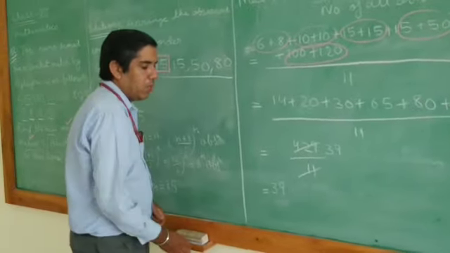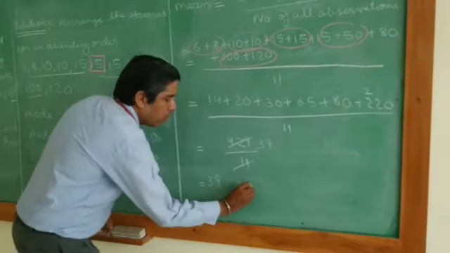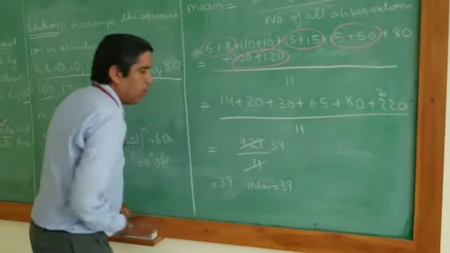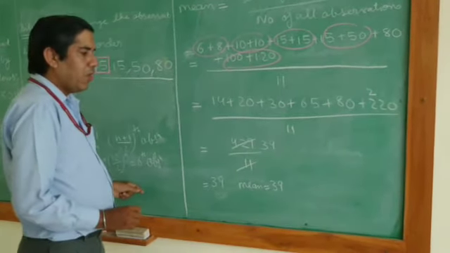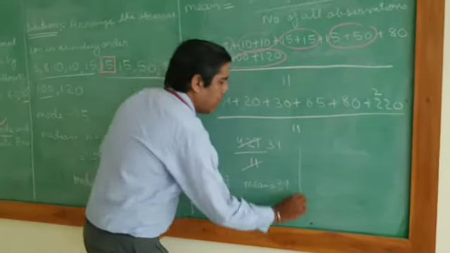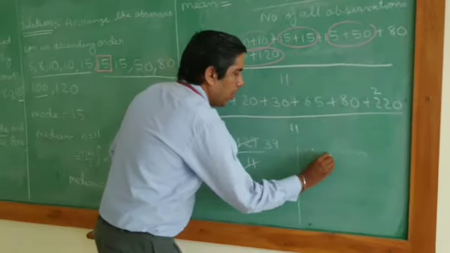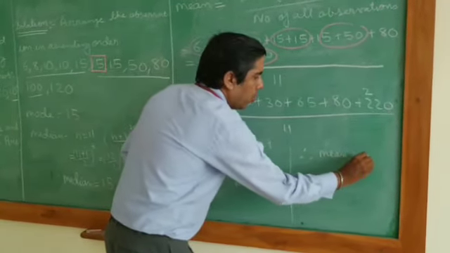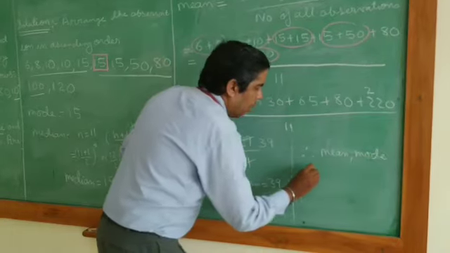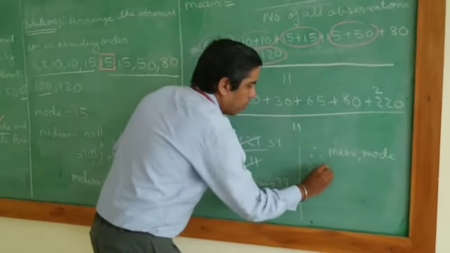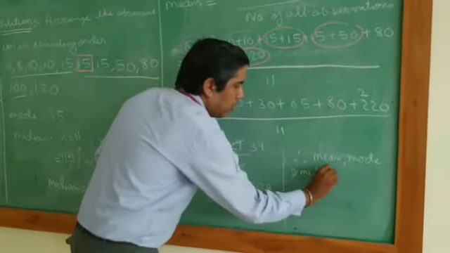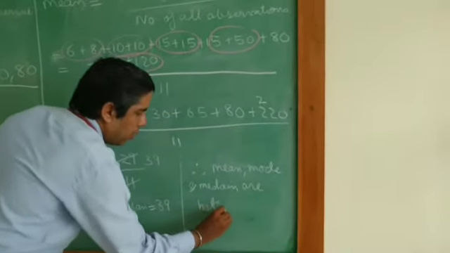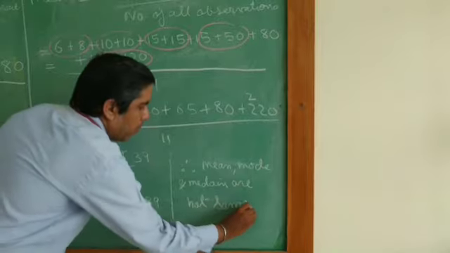That is the mean. So mean is equal to 39. Therefore, mean, mode and median are not the same.